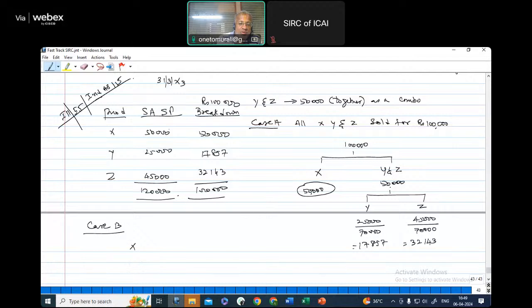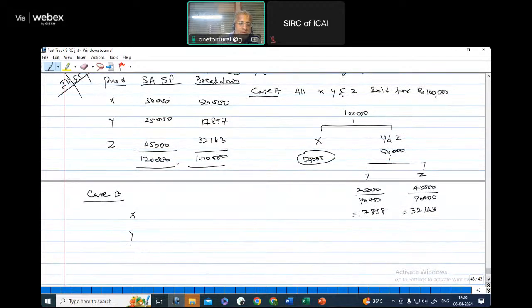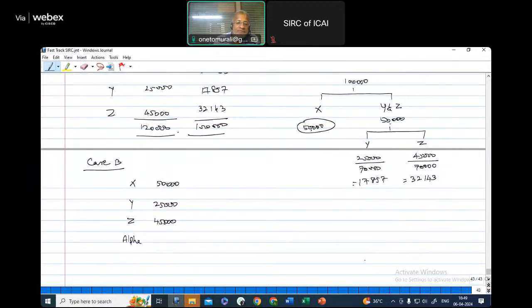Now it is X, Y, Z and alpha as 50,000, 25,000, 45,000, and this alpha they have not given as a fixed price. This ranges depending upon various scenarios where they have given the range from 15,000 to 45,000.